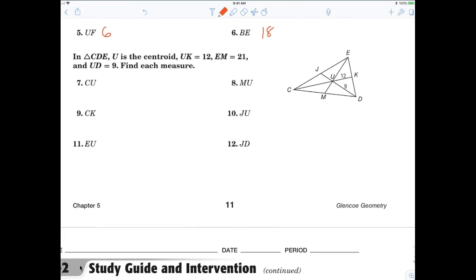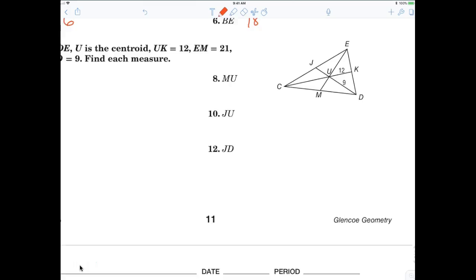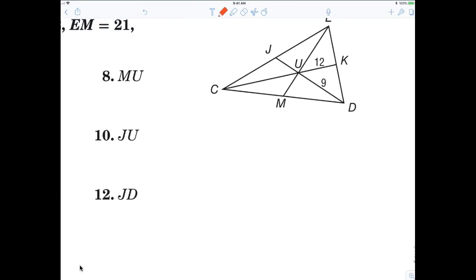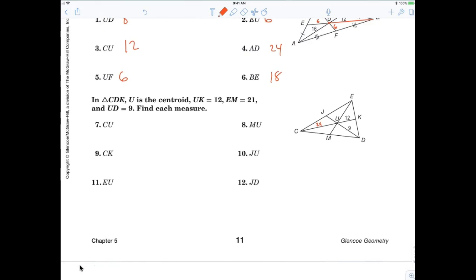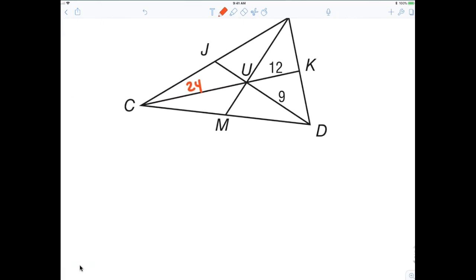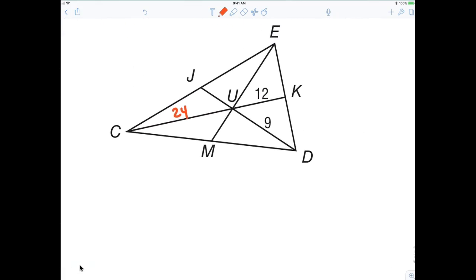Now, UK is 12. So right off the bat, CU would be what? 24. Then it says that EM is 21. So if EM is 21, what do we know? EU is how much? 7, right?